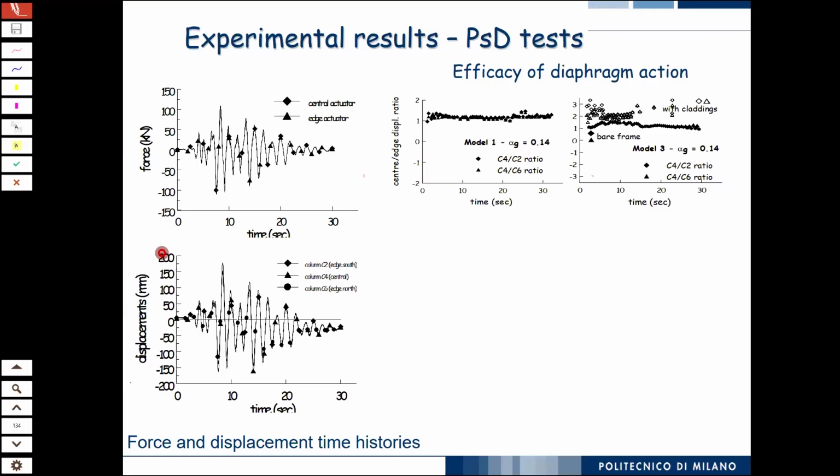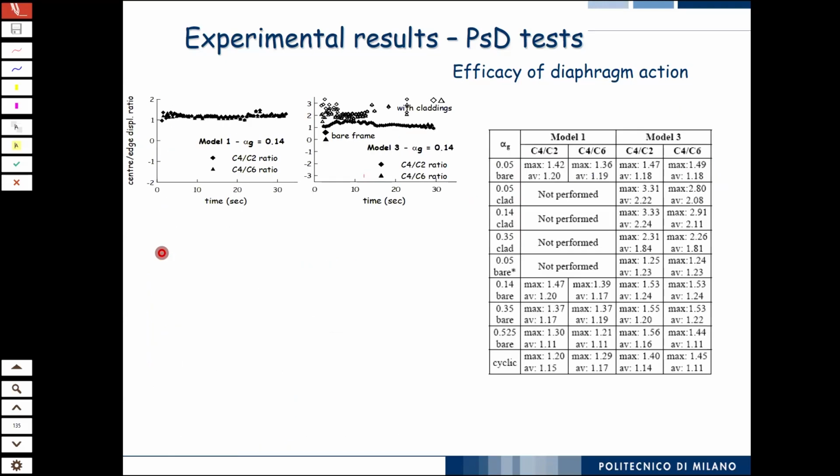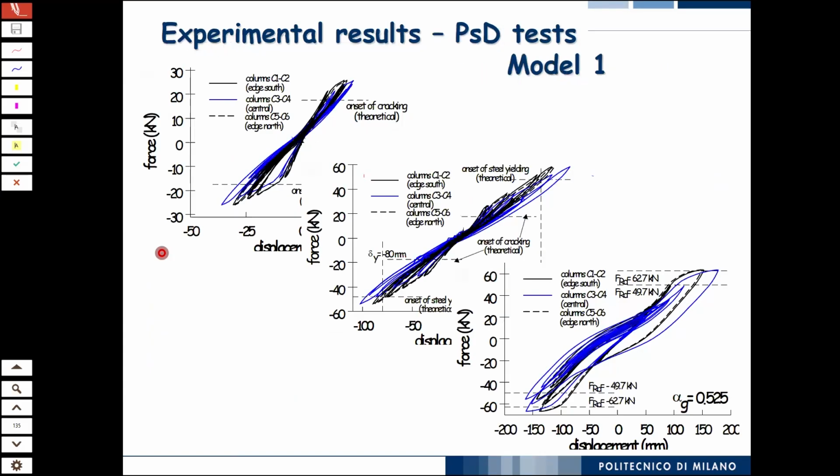But there was also private investment, because companies provided us for free the elements, the transport, and so on. So it was really a pool of efforts. But you see, after we removed the panels, interestingly, we got back to the diaphragm action. And we did this for all the tests. I think there is a paper published on this.